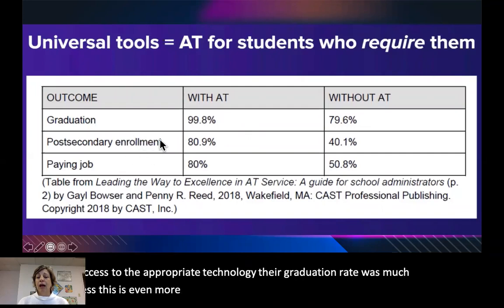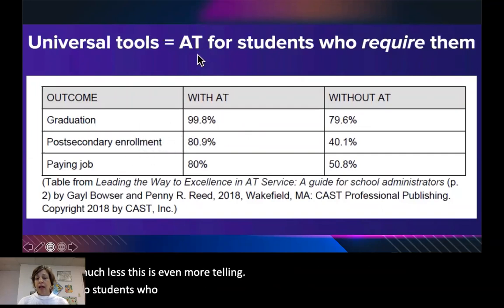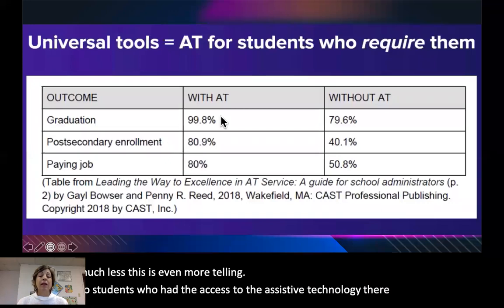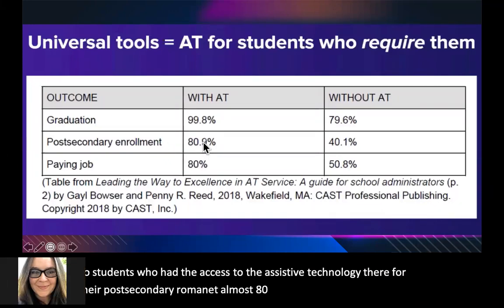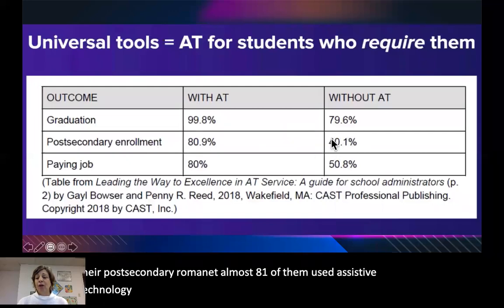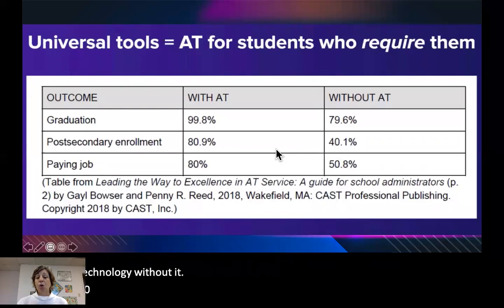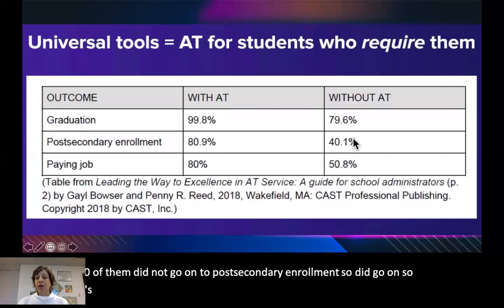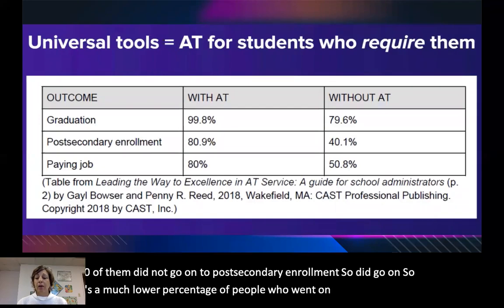This is even more telling. Among those students who had access to assistive technology, almost 81% used it for their post-secondary enrollment. Without it, 40% did not go on to post-secondary enrollment, so a much lower percentage went on to post-secondary options.